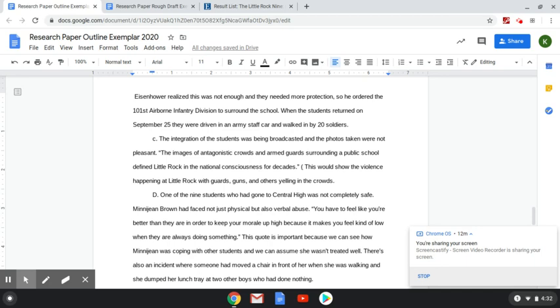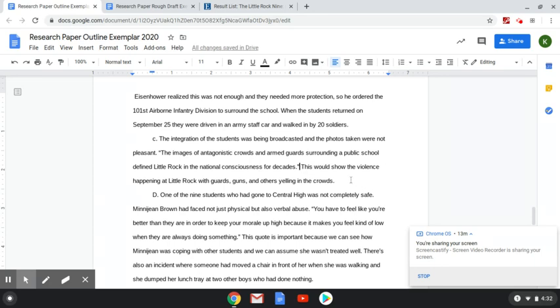If we had just an article title, we would put that article title there. We would press space, and we would put a page number, and then we would end our parentheses and put a period. We've utilized in-text citation a little bit this year, but not too much. So I'm going to put on Classroom another resource that you can use to look back on to help you with in-text citation. But for now, this is okay.